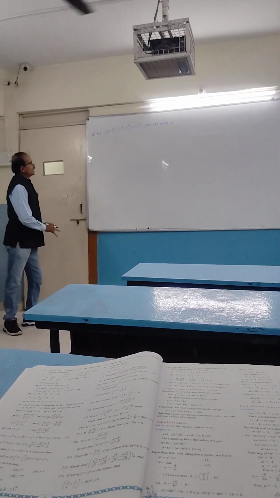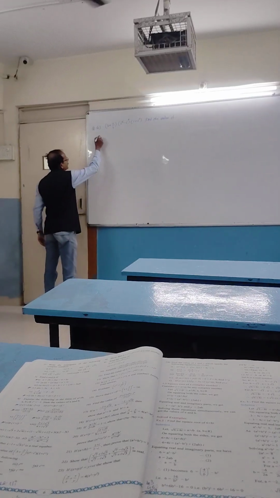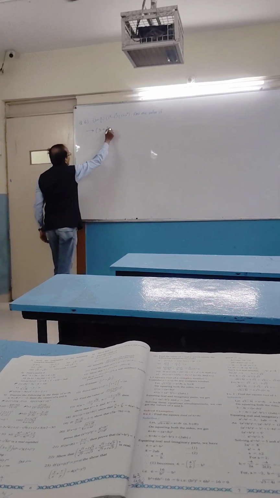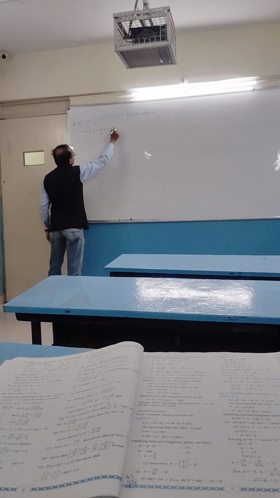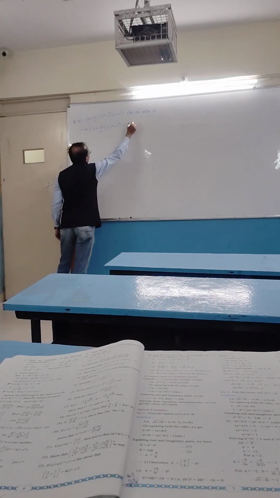Now multiplication between three brackets. At first it is 3 plus 2 upon i. Second bracket i to the power 6 minus i to the power 7, and 1 plus i to the power 11.